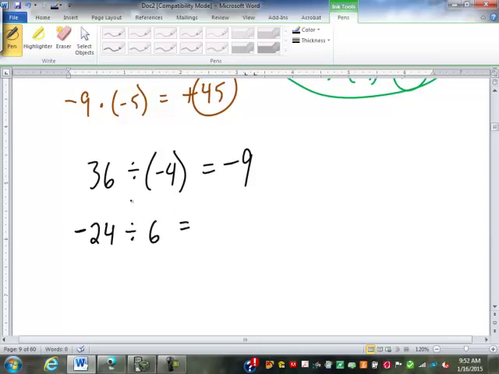A negative divided by a positive will be negative. 24 divided by 6 is 4. Negative 40 divided by negative 10. Well, a negative divided by a negative will be positive. 40 divided by 10 is 4, so positive 4.